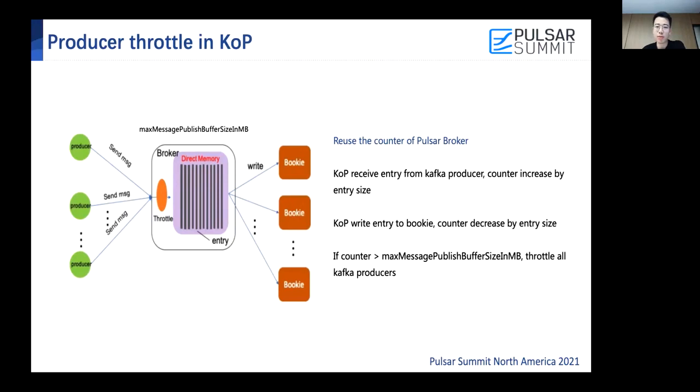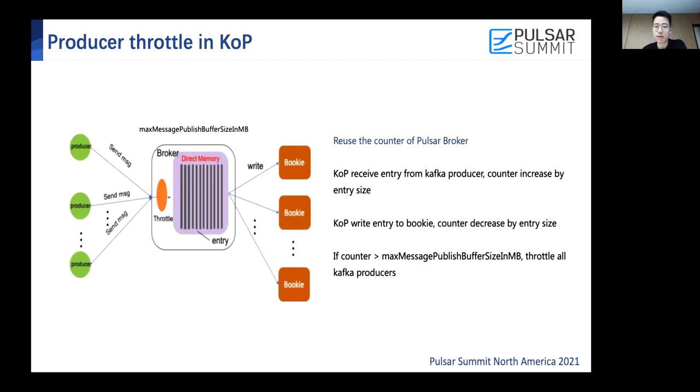In KOP, we reuse the mechanism of Pulsar. KOP will reuse the max message publish buffer and also the counter. So the counter will be increased when KOP receives a request from Kafka producer and will be decreased when this request has been written to BookKeeper.